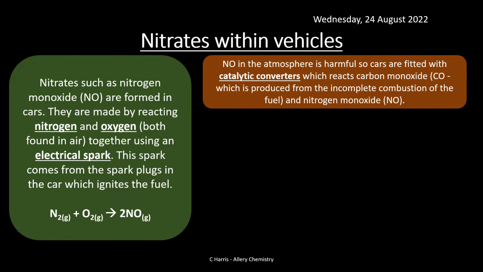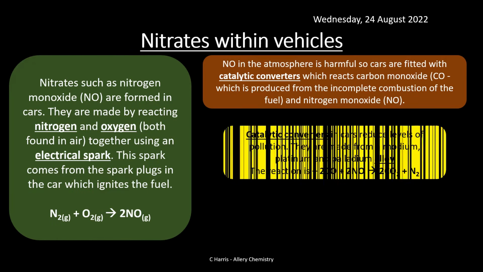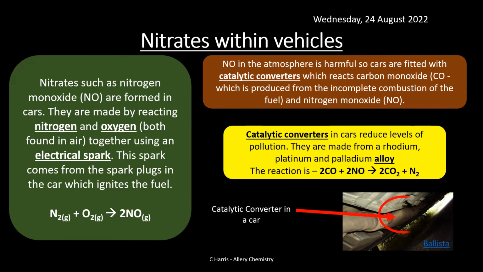So cars are fitted with catalytic converters, which help to reduce the levels of carbon monoxide in the atmosphere. That's produced from the incomplete combustion of fuels, and it reacts with nitrogen monoxide. So we're trying to remove two harmful chemicals from entering the atmosphere. You might have seen this before, but effectively we use alloys of platinum and rhodium and palladium.